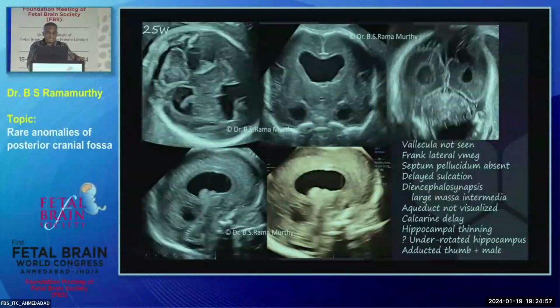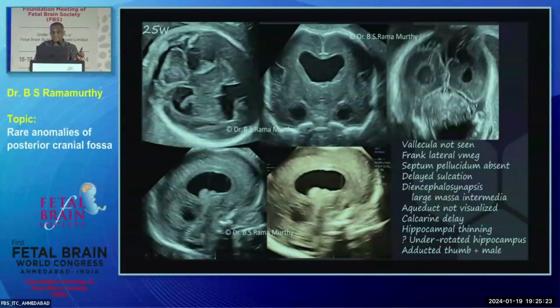Before the mid-sagittal view, I just want you to go back to the transthalamic view. Those are two lateral ventricles. What do you expect here? What comes here in the transthalamic view? Third ventricle. Do you see the third ventricle?